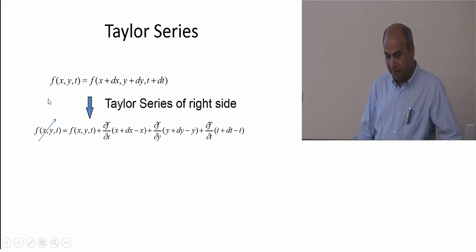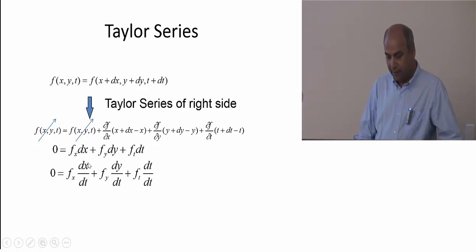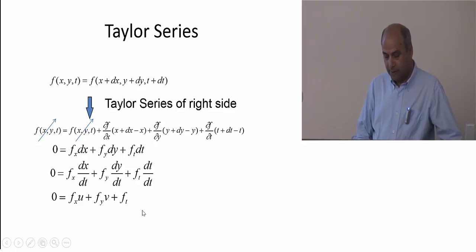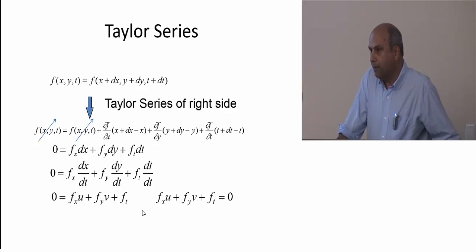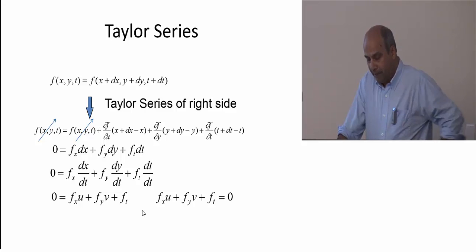And of course on the left side we have this also, so this will cancel, and then this will become fx, fy, ft, and then we can divide by dt, and dx over dt will become u, v, and 1. And this is actually the famous optical flow constraint equation. We're going to talk more about that in the motion chapter, and you will actually implement this.